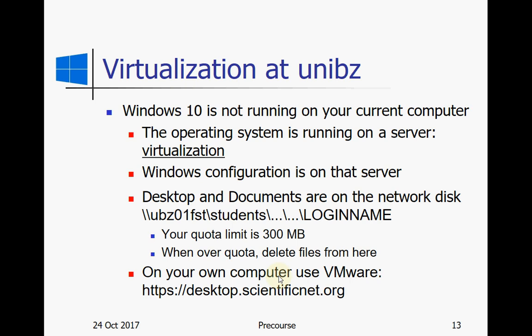Windows 10 starts, but it doesn't start on your local machine. It starts on a supercomputer which is in another room, which has its own copies of Windows 10. What is the advantage of this? The main advantage is that the university can in this way keep using old computers.